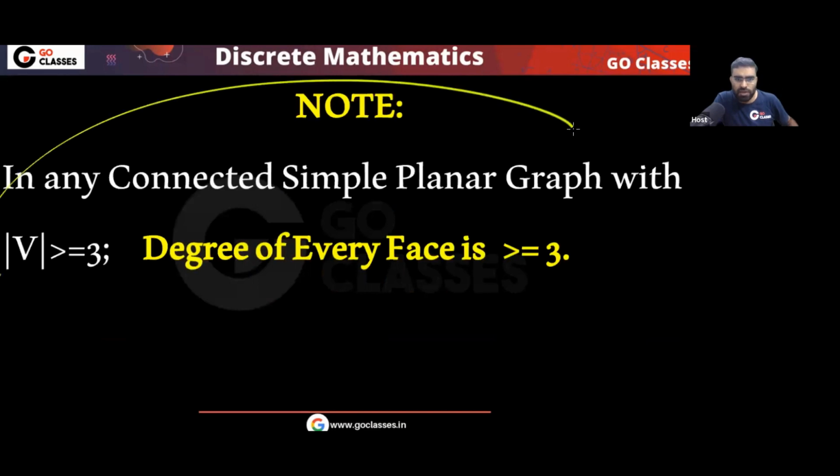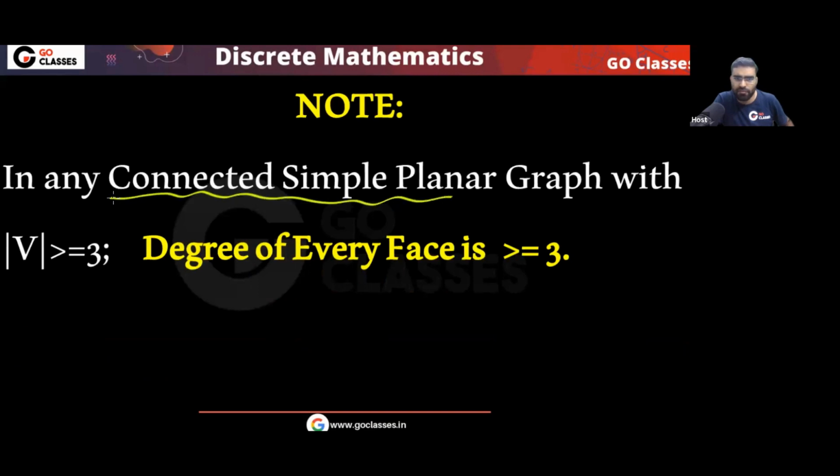This note we have already seen. If you remember, in any connected simple planar graph with at least 3 vertices, the degree of every face will be at least 3. Yes or no? This we have already seen in our previous lectures.